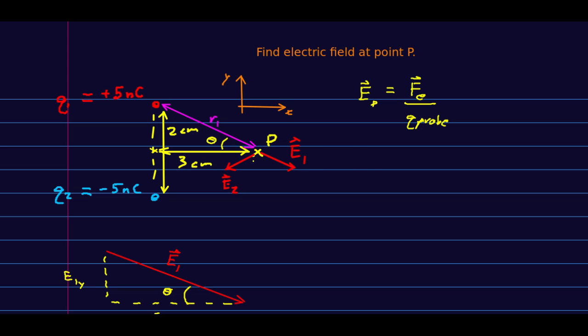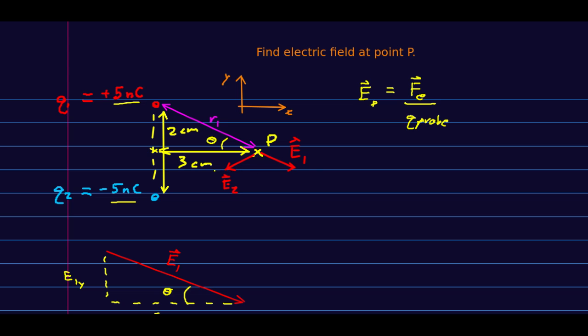So let's go ahead and do that. We already saw that we're the same distance from these two charges, and they are the same size. So these two fields, E1 and E2, are the same magnitude, and they're at the same angle except flipped side to side this way.